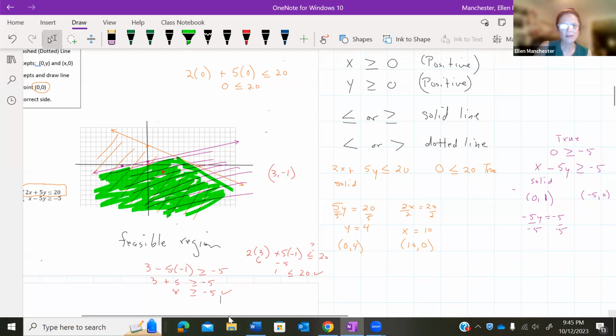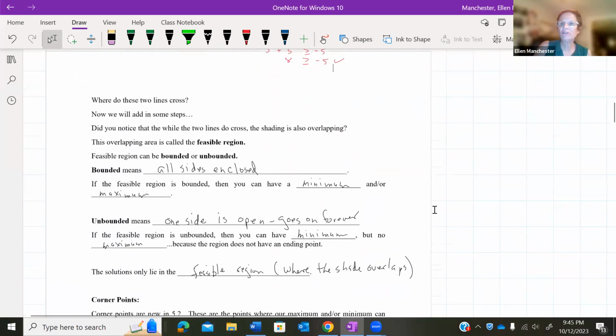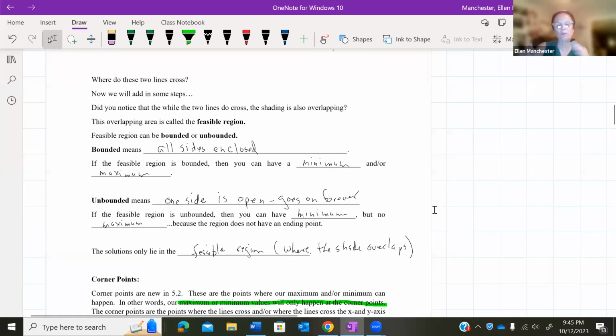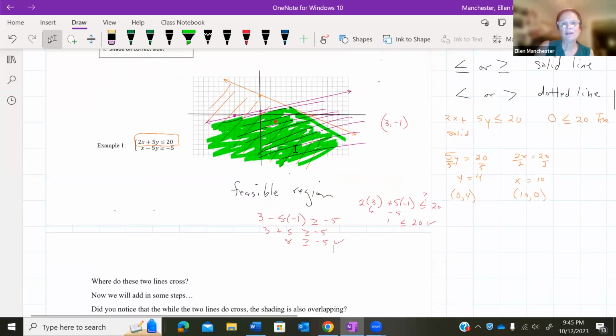Okay, so let's try the next one. This is just some general information. We went over it already, so I didn't want to rewrite it again. Going back to here, remember we already found out where the 2 lines cross? Well, the 2 lines cross at the point (5, 2).